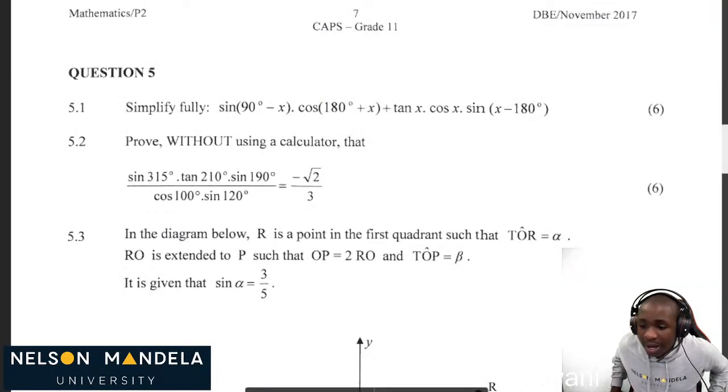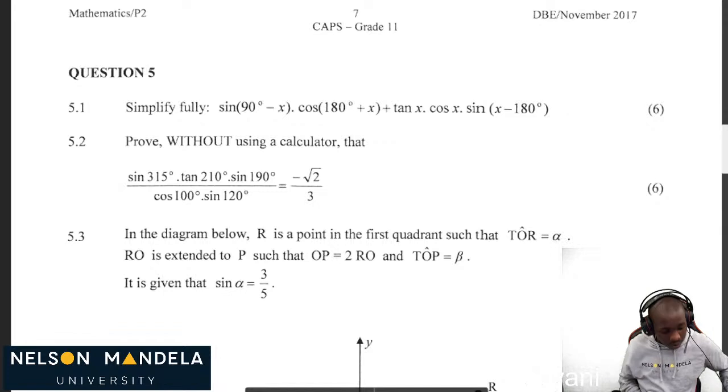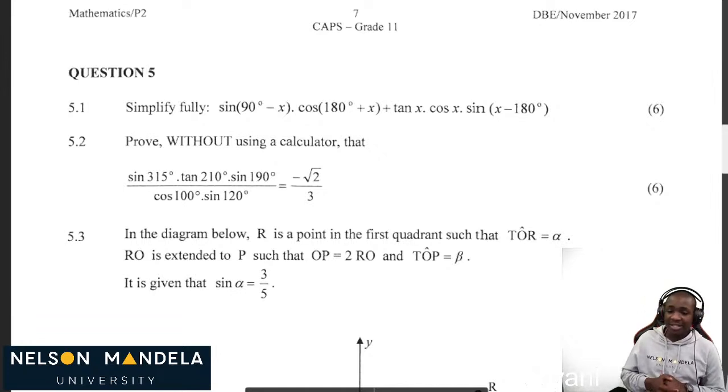Now, we have this question which is on the board, which is adapted from grade 11. I'm going to go ahead and do grade 12 as well. This is our question, which is nice and sweet.